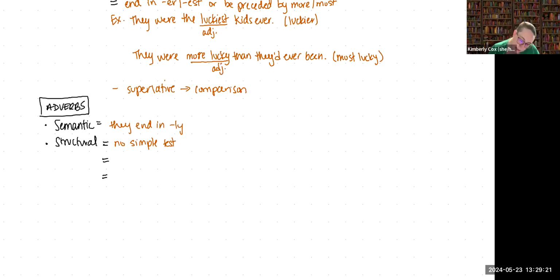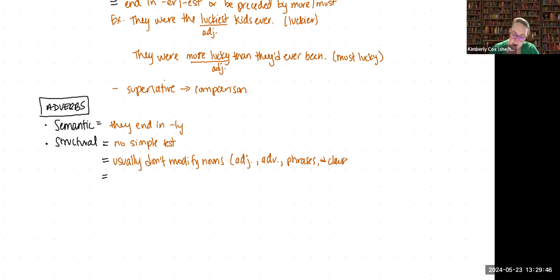One of the key things is that they usually don't modify nouns, but they do modify adjectives, adverbs, phrases, and clauses.